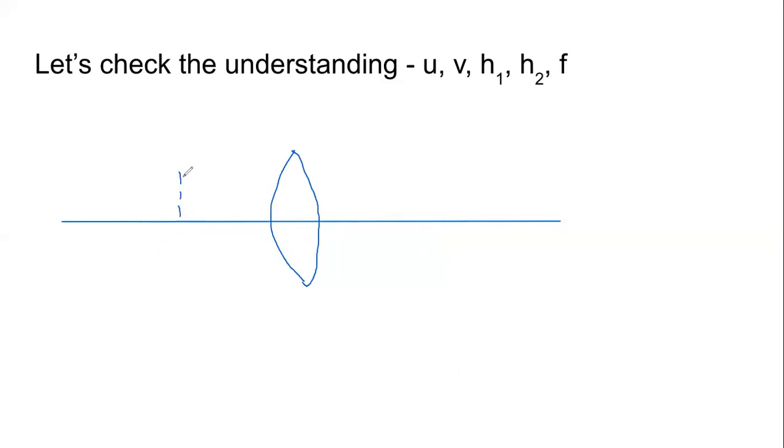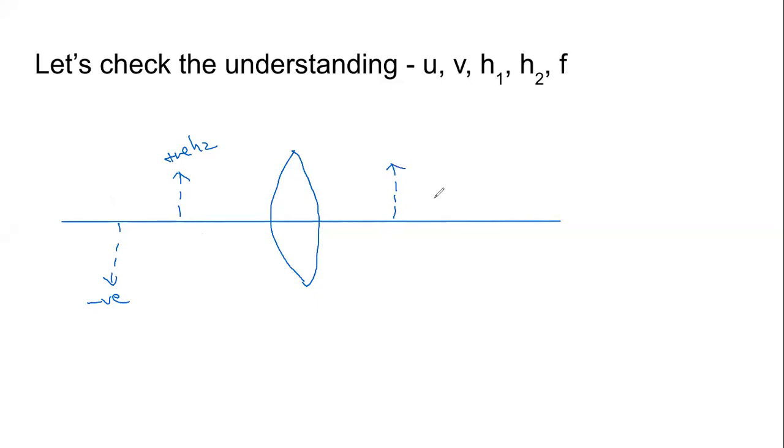What will be the H2 if my image is here? Will it be positive or negative? Okay, you are saying positive and it is correct because it is upwards. Positive H2. What if my image is like this? What happens to H2? Is it positive or negative? Negative. Very good. What happens to my image H2 if the image is here?